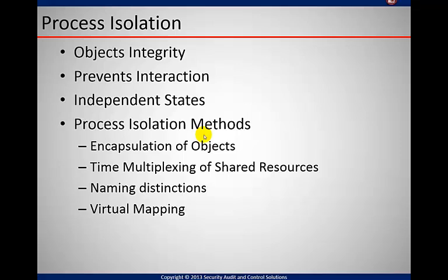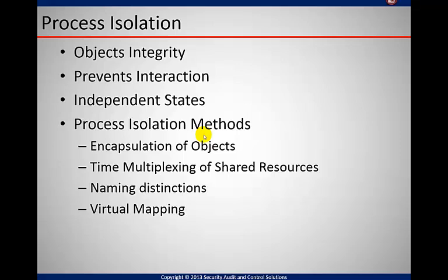It prevents interaction between the processes. There are independent states, as we've seen previously, from a user or a supervisory state. And process isolation methods include encapsulation of objects, time multiplexing of shared resources, that is slicing, naming distinction, and virtual mapping.